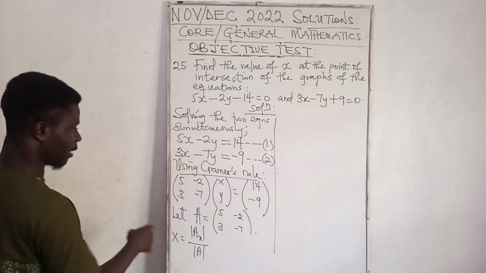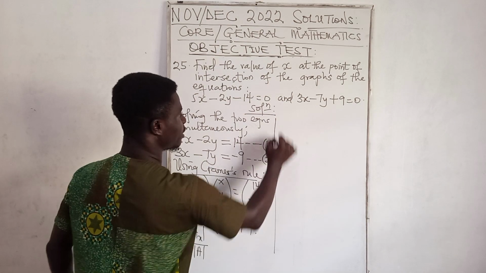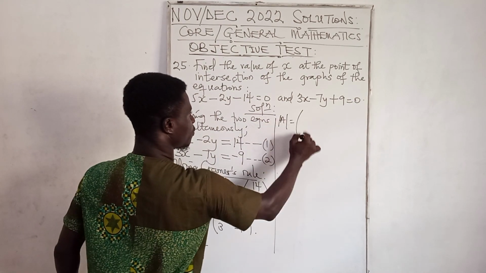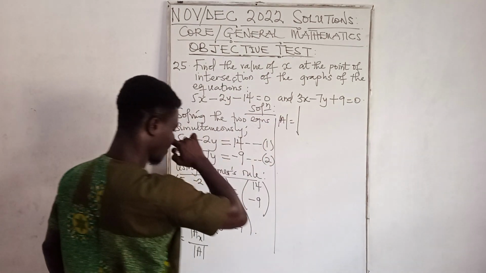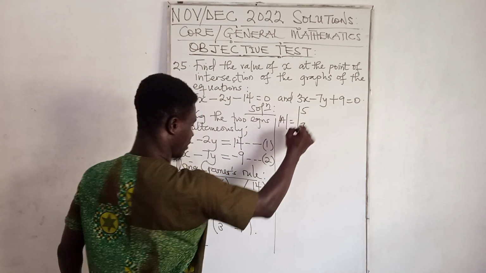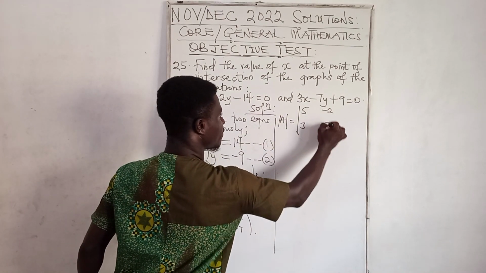So first of all, we have to find our determinant of A. So the determinant of A, we have 5, 3, negative 2, negative 7.